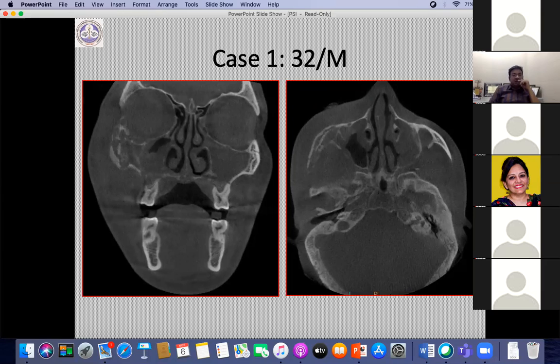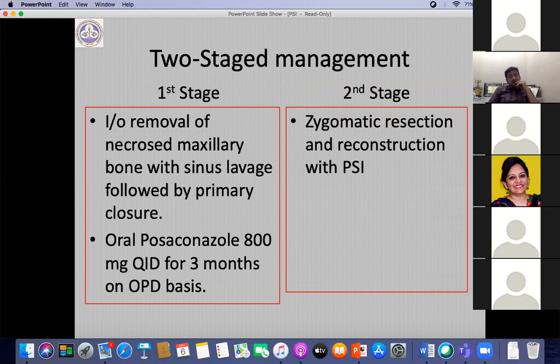So we did a biopsy and a culture, and it came out to be mucormycosis. So we planned a 2-staged surgery. 2-stage because we didn't have a PSI infrastructure or PSI in hand. We were still working on it.